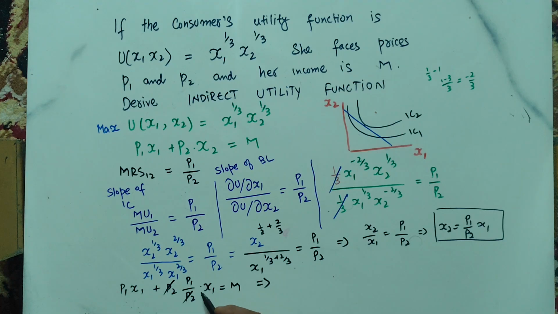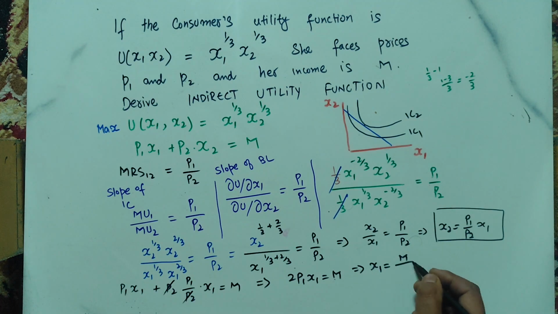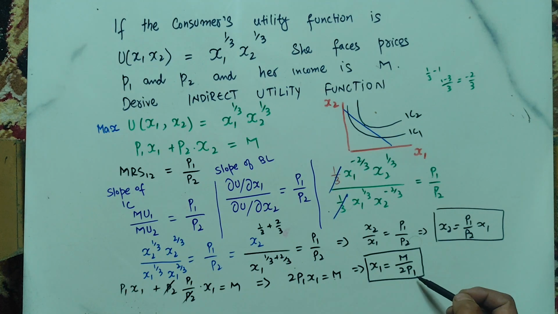We have P1 x1 plus P1 x1, it will become twice P1 x1 should be equal to the income of the consumer, which implies x1 will be equal to m upon twice P1. This is our Marshallian demand function for good x1, which is simply a function of income and price.